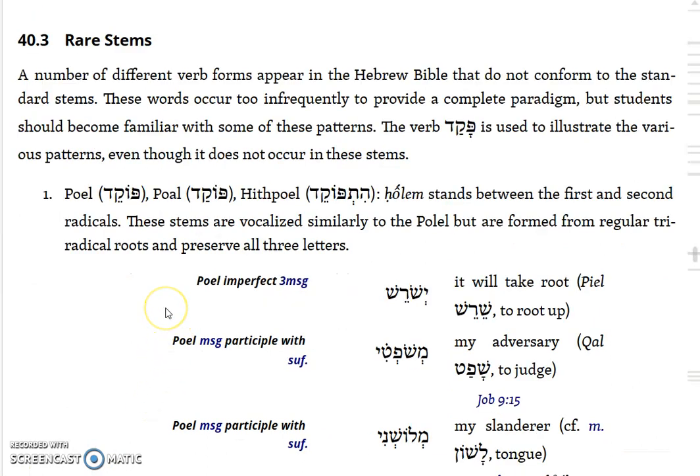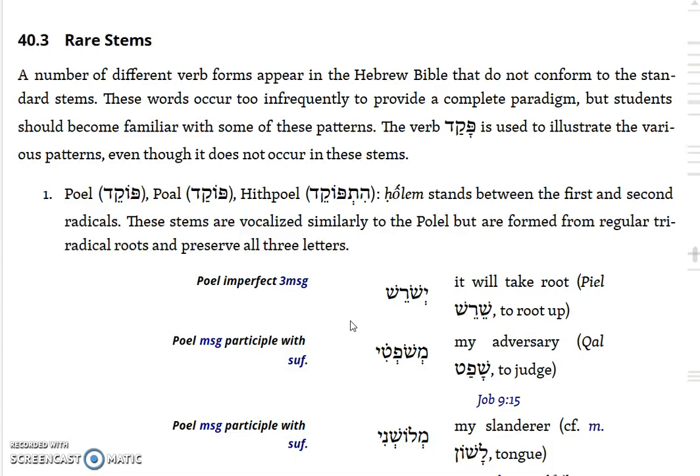A somewhat more rare pattern is the poel, poal, and hithpoel pattern. This is illustrated with the root shoresh, and the pattern in the imperfect. And again, there's just bits and pieces of these. These are pretty rare, so he doesn't give you a full paradigm.